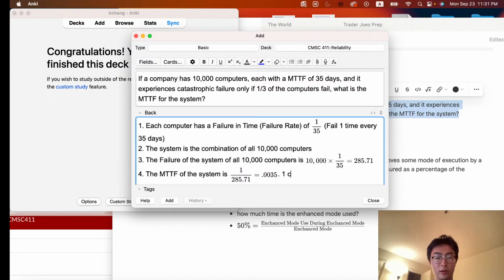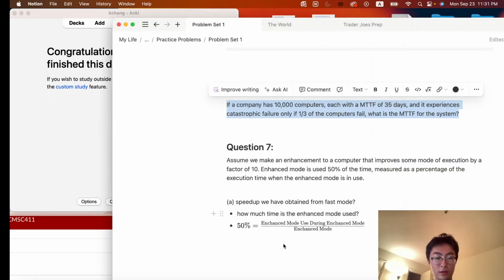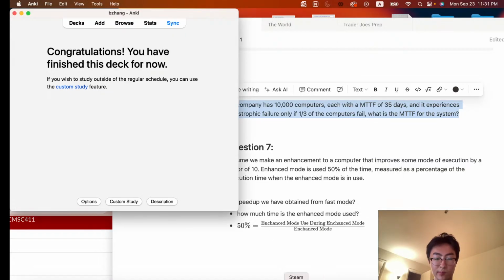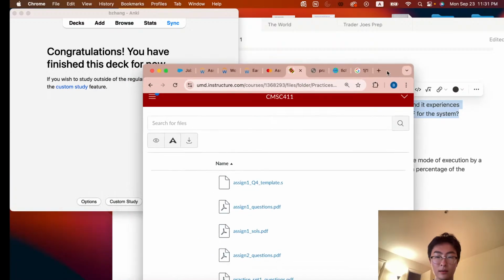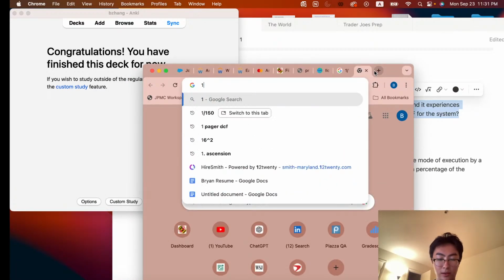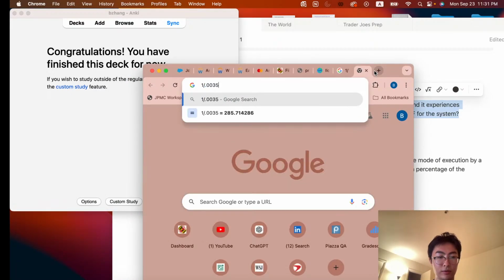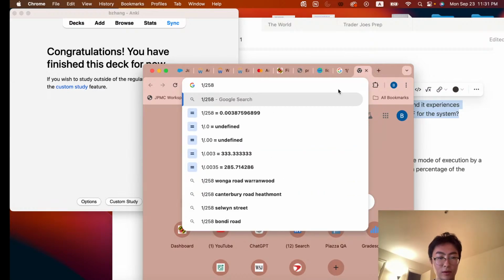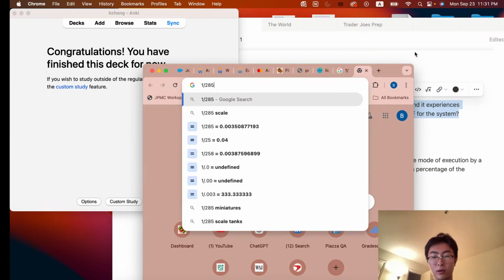So one computer fails every 0.035 days, right? 1 divided by 0.0035. Okay.